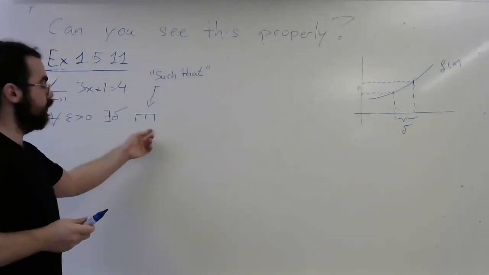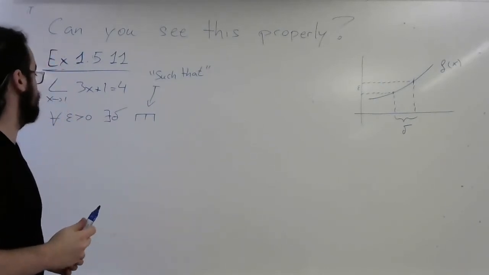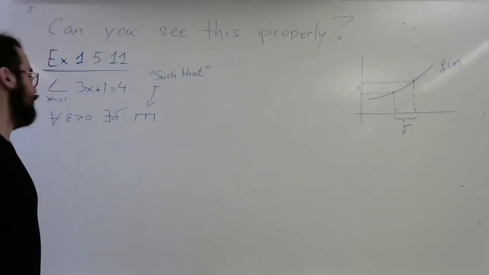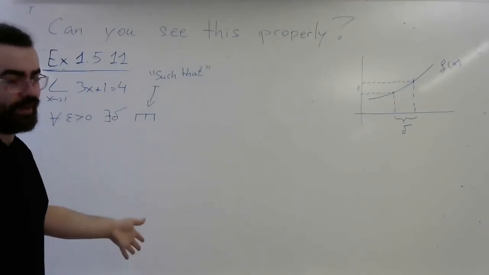if you ever see this in a book, it means such that. It's not very used anymore. People generally prefer to write such that instead of a table, but the table is funny.